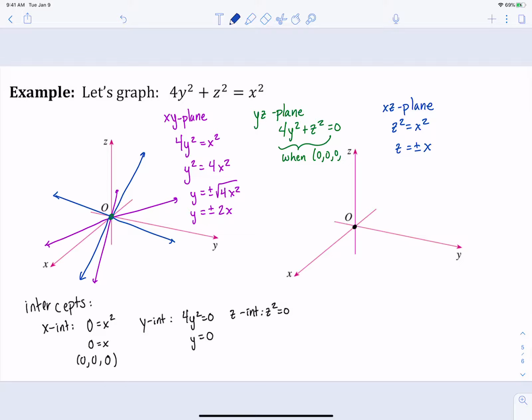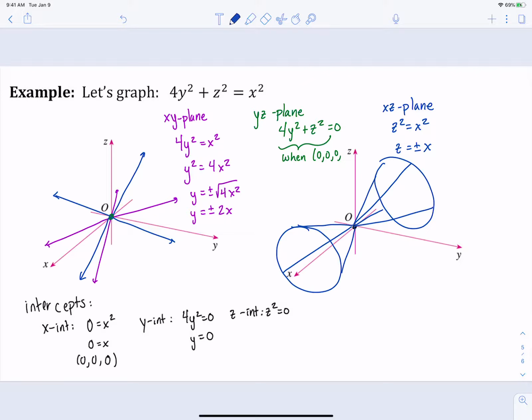And what's actually happening with this is that we are actually going to get cones when we go out both ways. The cones will be the same. There we go. We're going to get two cones, and they're going to meet up right there at (0, 0, 0).